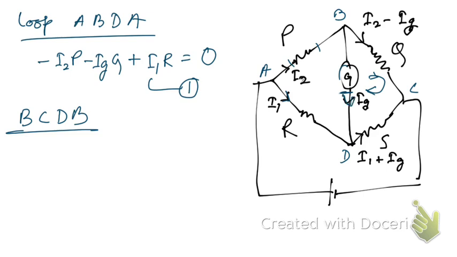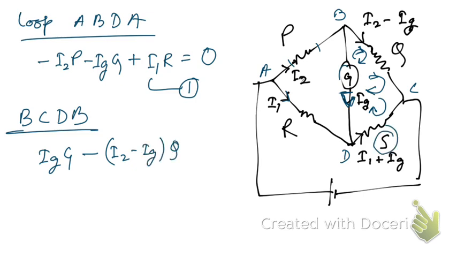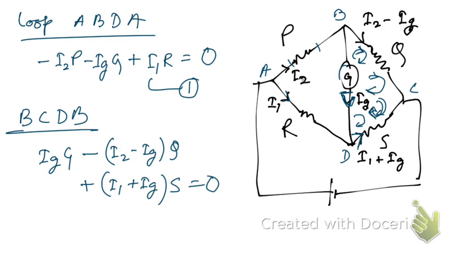Ig is in this direction, opposite to the path, so we take positive Ig into G. Then the current and the path are in the same direction, so negative I2 minus Ig into resistance Q. And in the S resistor, the path and the current are opposite, as I have taken the clockwise direction, so positive I1 plus Ig into S is equal to 0. This is equation number 2.